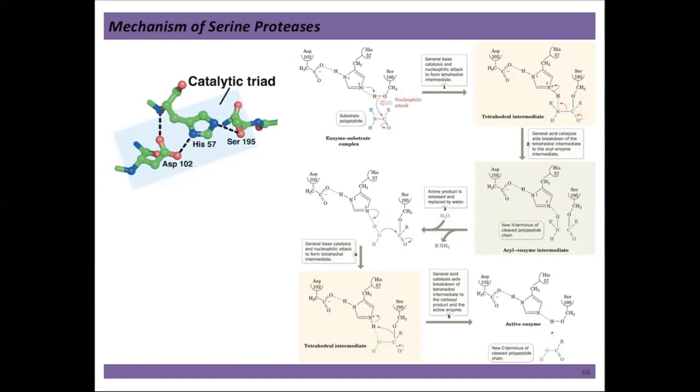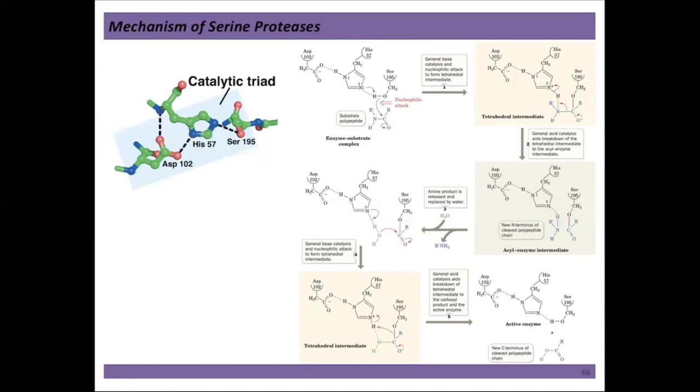Then that tetrahedral intermediate can collapse and kick off this nitrogen. When that nitrogen leaves, it needs to pick up a proton so that it is not negative, so that leaving nitrogen abstracts that hydrogen right there. Now we've got a covalent adduct between one half of the polypeptide and that serine residue.